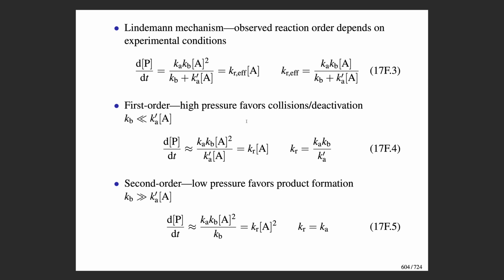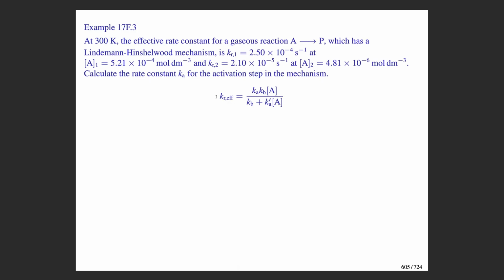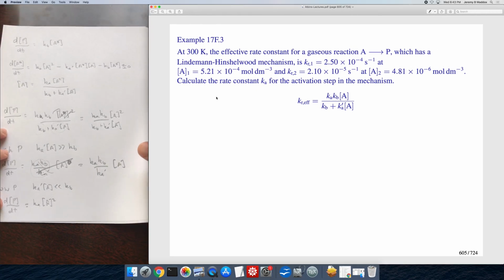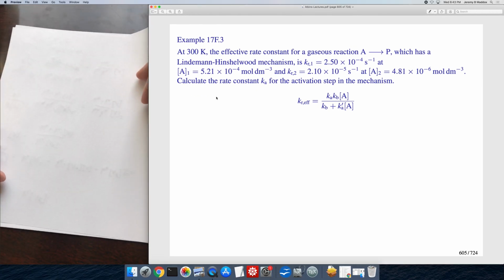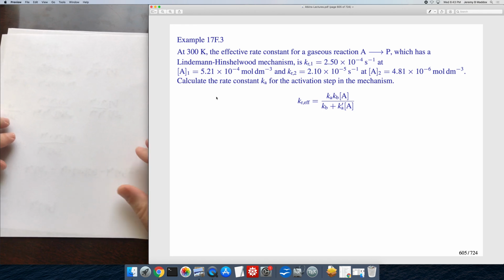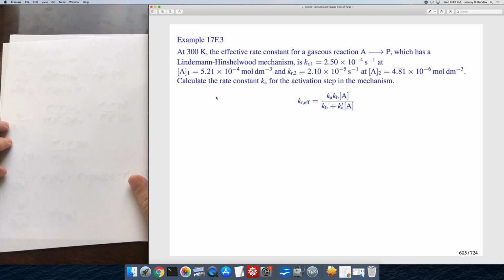This slide is really just a summary of everything that we've done in the derivation, with all of the typos that I made fixed. Here in this problem, there's one more equation that needs to be arrived at.